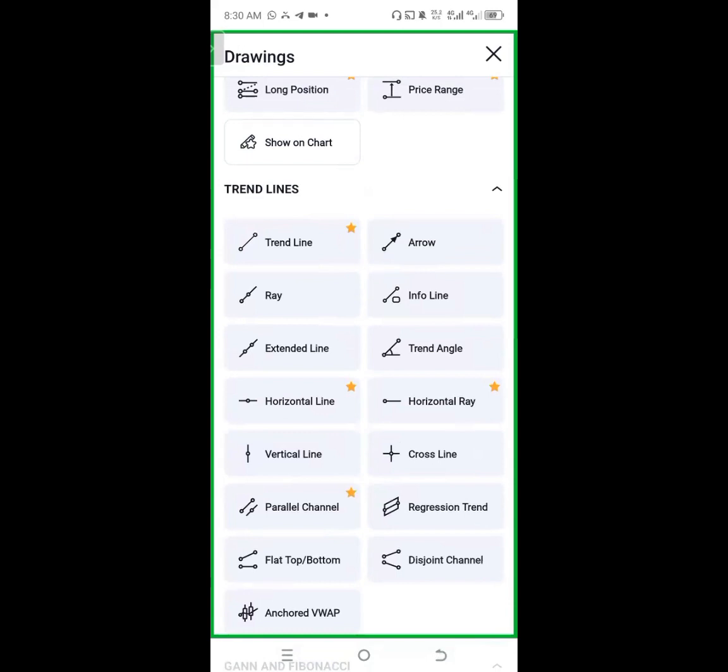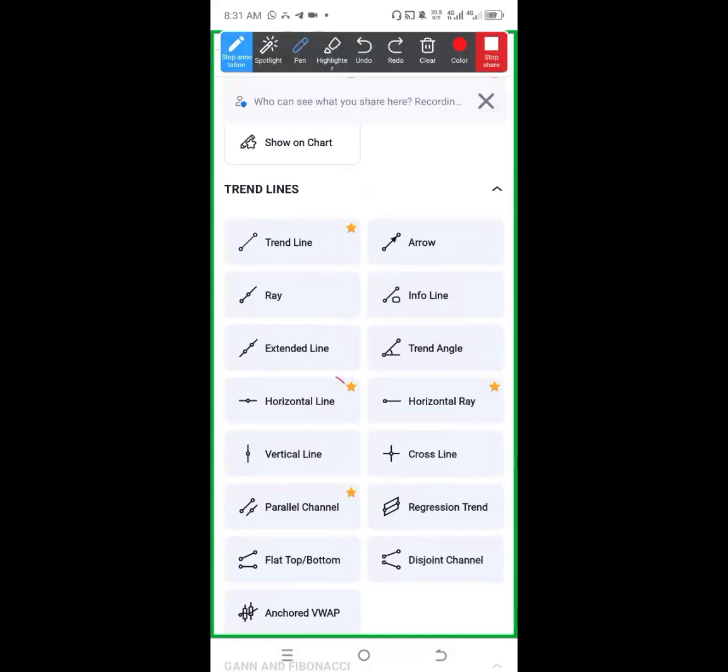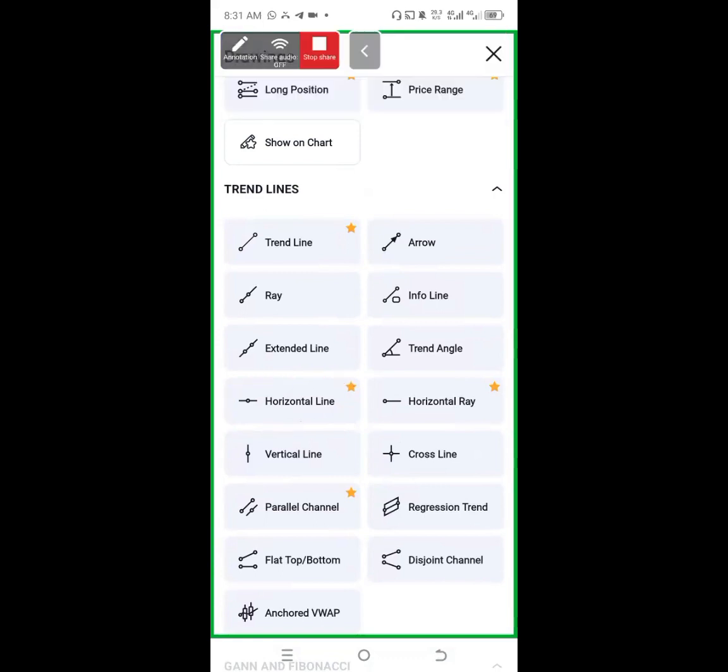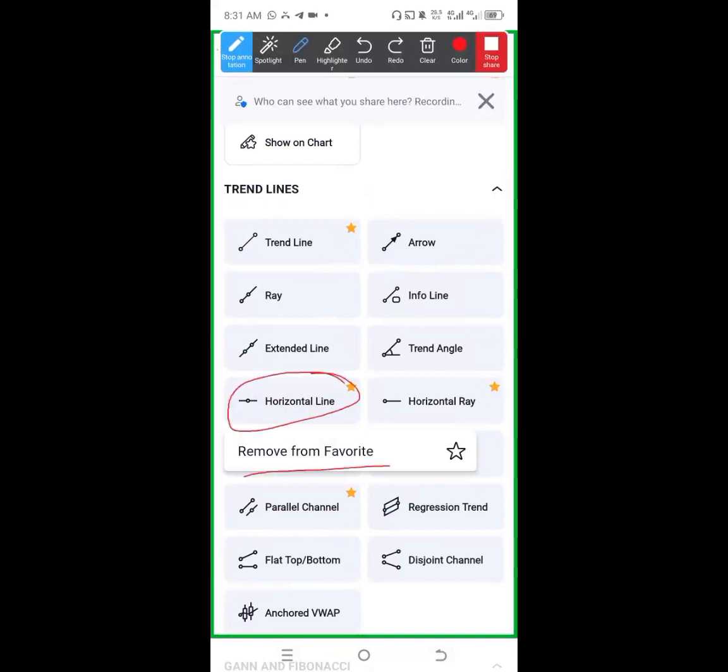So any of them that you may want to use, for example a horizontal line, which is here. Simply you long press on it, and then you'll see a pop-up asking you to do the needful. So you follow that. Like here, because it was already on my favorite, it is asking whether I want to remove it or not.